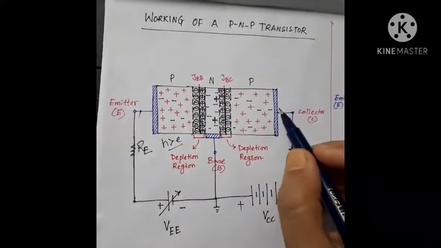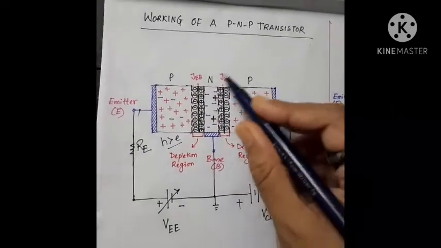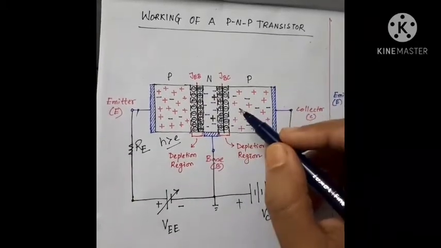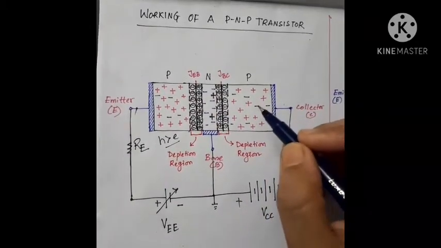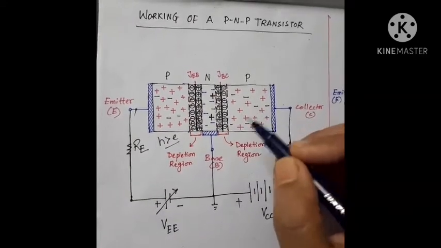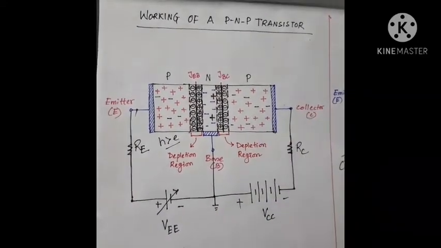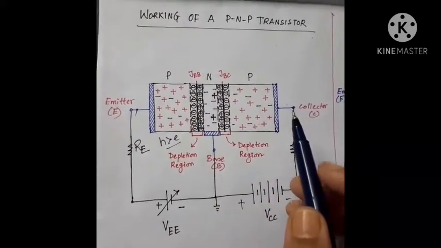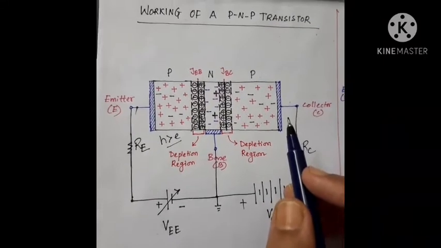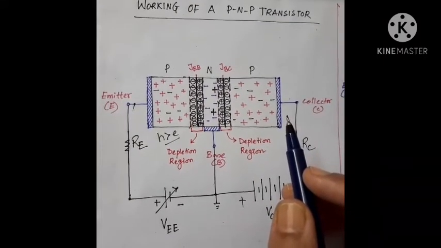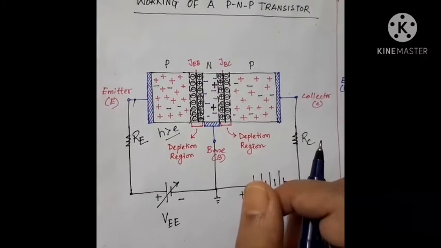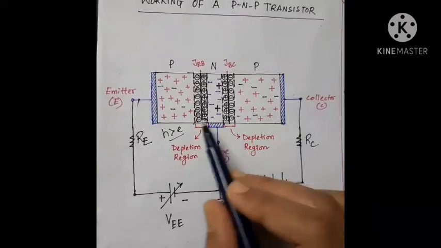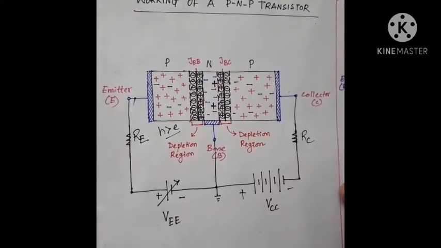On the other hand, the collector base junction JBC, being reverse biased, does not allow the holes in the p-type material and the electrons in the n-type material to move towards the collector base junction. As you know, in a PN junction diode under reverse bias, the current flow is very much restricted. A minimum leakage current flows across the junction, which is called the reverse saturation current.